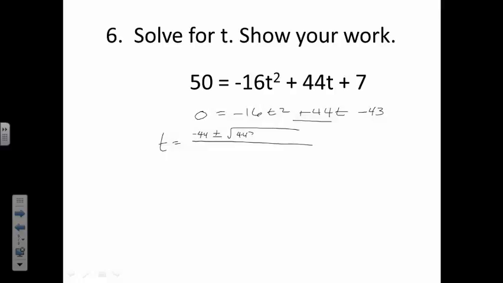And our A is negative 16, our C is negative 43, all over 2 times negative 16. And once again, to stay out of trouble on your calculator, you need this order of operations enforced. And if we type these numbers in, I'm going to just edit my last result. Just change my negative 18 to a negative 43.